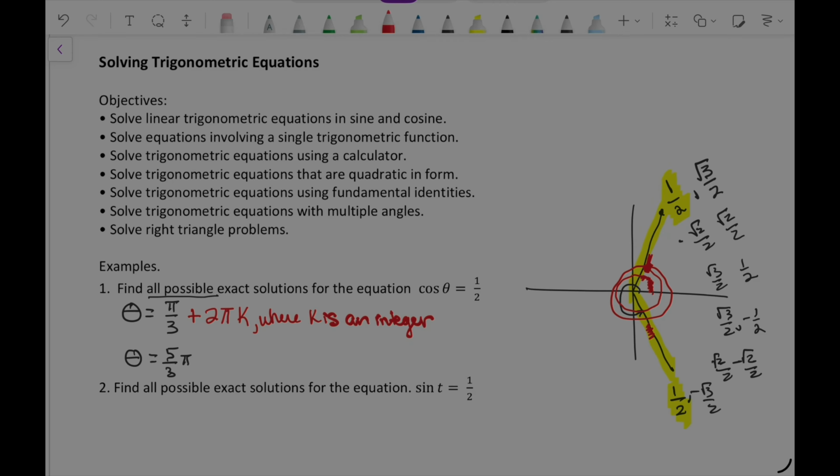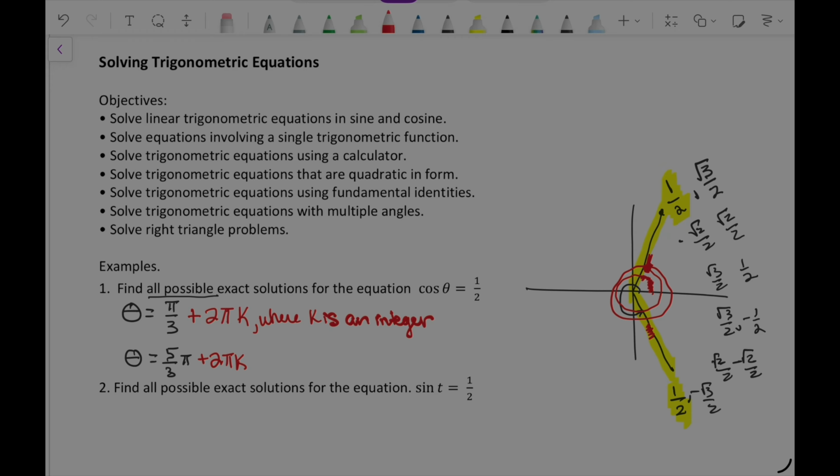You're at 5/3, and you go all the way around one time, you will be at 11/3 pi. The cosine value is 1/2. If you go all the way around again, you will land there again, and the cosine value is 1/2. So both of these would generate all the solutions, okay?